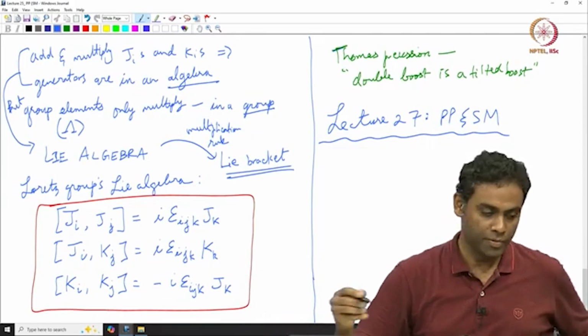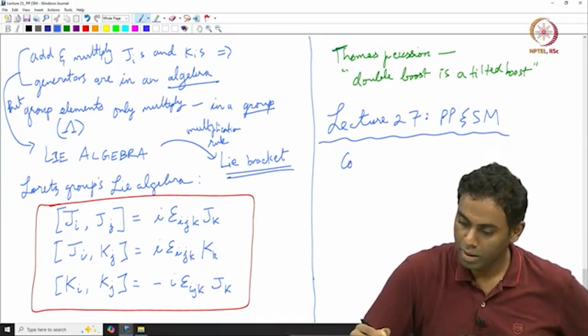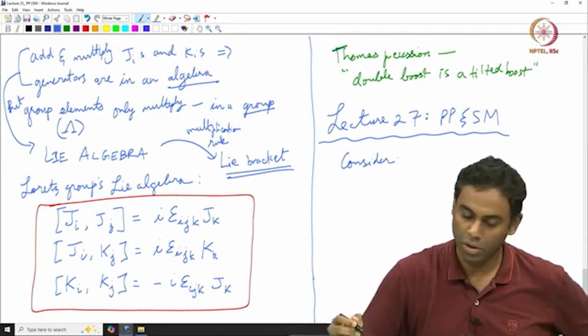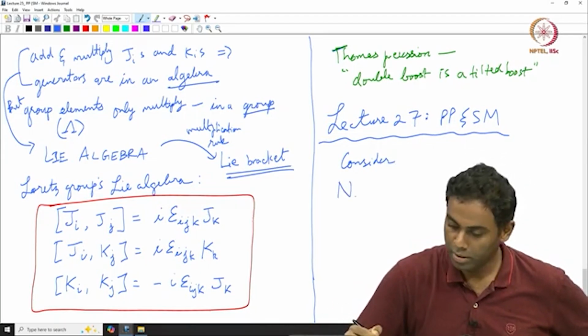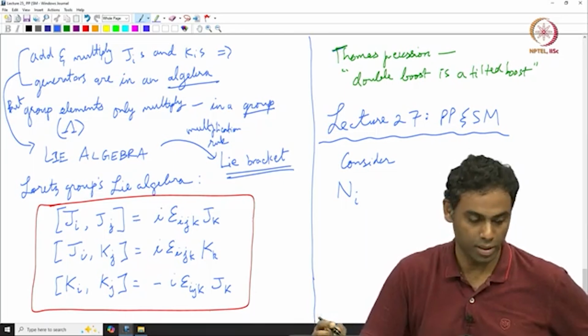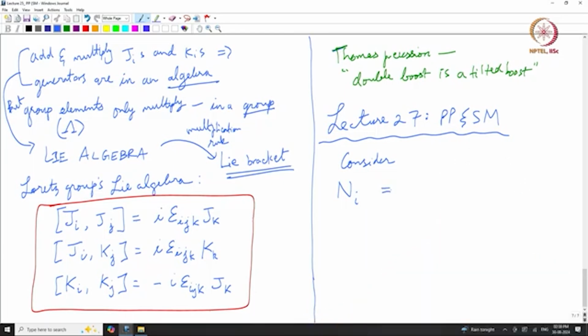So let me define a combination of the boosts and the rotations, which I am going to call N, and I am going to label the spatial component i, and the combination I am going to take is just Ji plus iKi, okay, and then I am going to normalize it suitably because something amazing is going to happen with this combination. And just for fun, I am going to call this combination R.